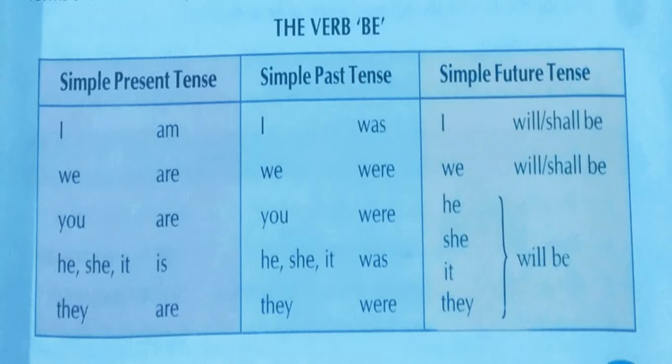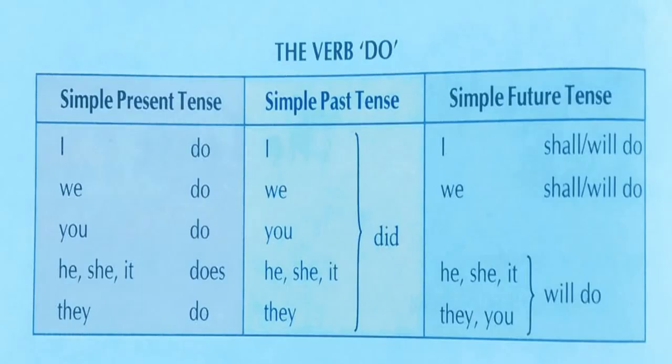He will be, she will be, it will be, they will be. Okay? So these are the forms of be verb in the simple present tense, simple past tense and simple future tense. So let's come to verb do.